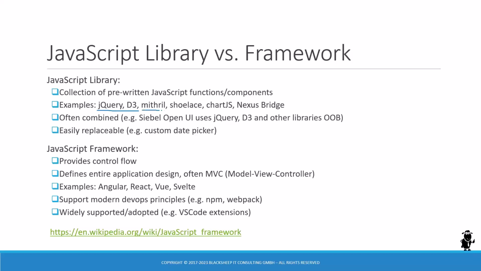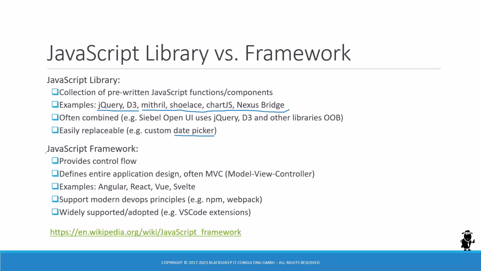Names used in the past have been Mithril, Shoelace, Chart.js, or even Nexus Bridge from Ideaport Riga. They're often combined and easily replaceable. So if you want to have a different style of date picker, you choose a different library. And of course, you have to integrate that.